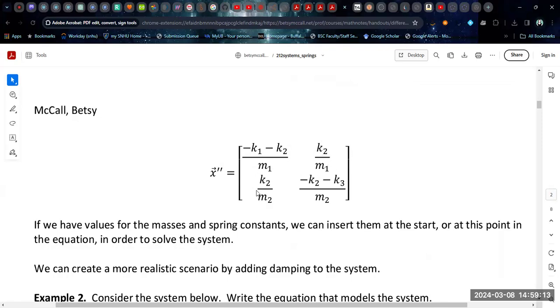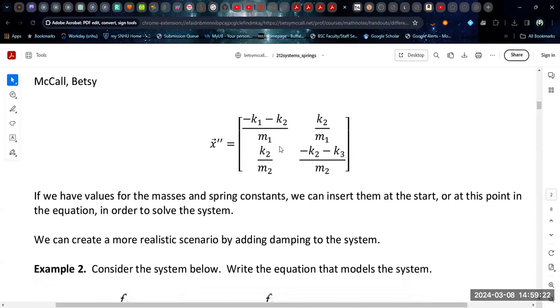And then this is the coefficient of my x1 in the second equation, and these are the coefficients of my x2 in the second equation. And so this is essentially the A matrix for my system for x double prime. And then from here, I can try to solve this using my linear algebra methods.